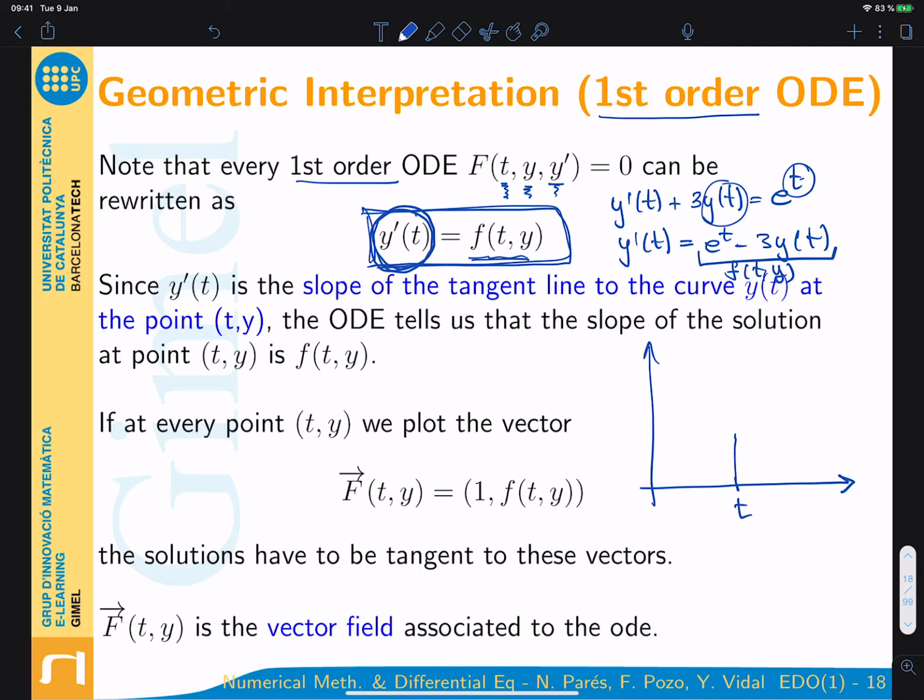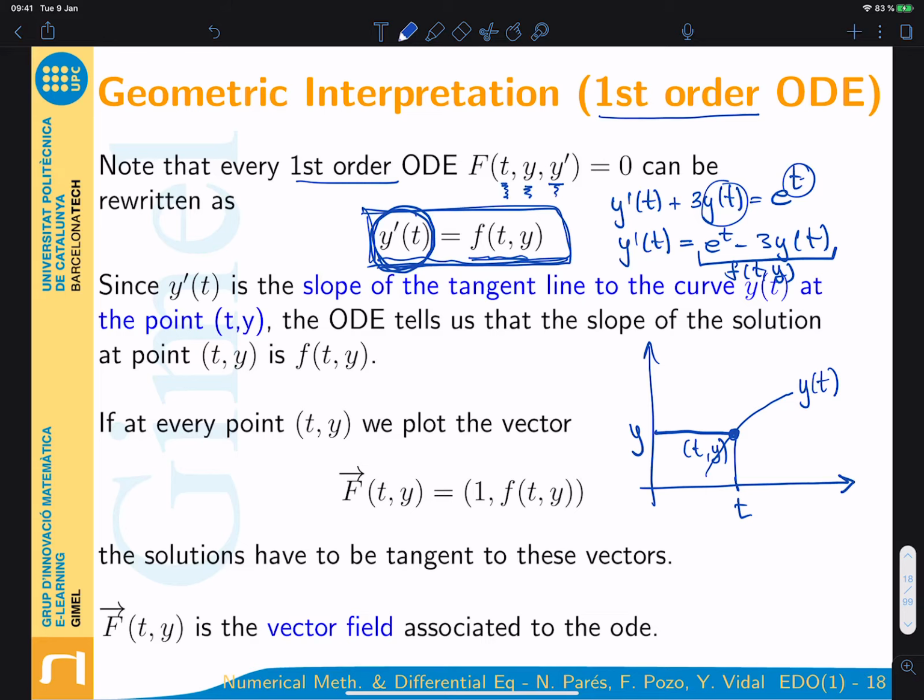And let's say this is some point y in the y-axis. So this is my point called (t, y). Now, when I try to solve the differential equation, I'm trying to find a function that goes through this point. This function is called y(t).